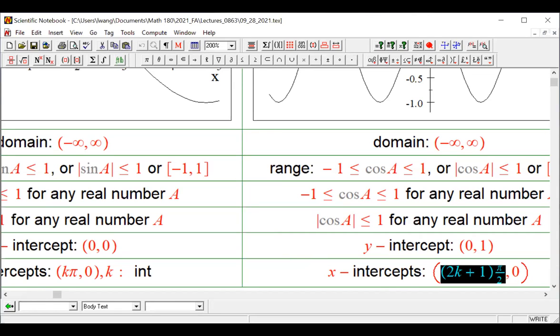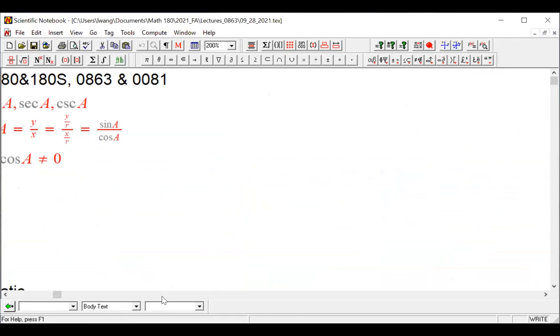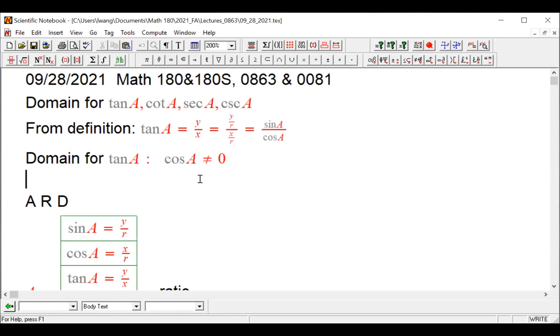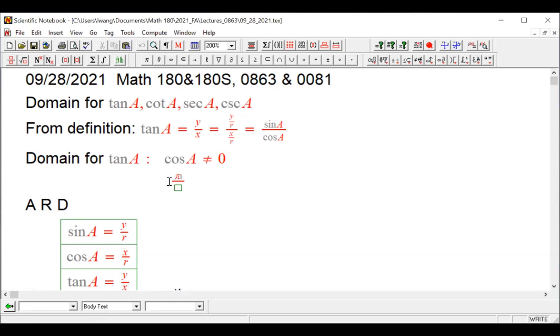These are the quantities 2k plus 1 times pi over 2. These A values will cause cosine to equal 0.